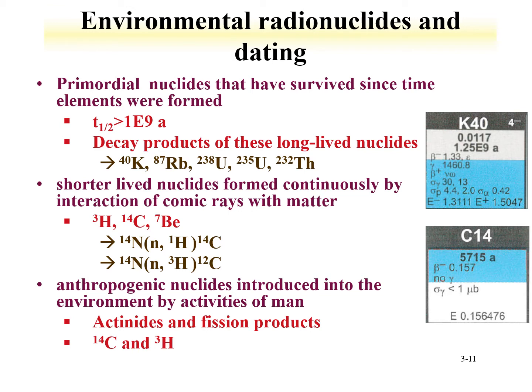Now, there are also shorter-lived radionuclides that are formed from continuous reactions with cosmic rays and with matter. So, for instance, tritium, carbon-14, beryllium-7. Here's the data from the chart of the nuclides for carbon-14. Its half-life is 5,000 years. Obviously, any carbon-14 that was originally deposited on Earth during the formation 1 billion years ago is long since decayed.